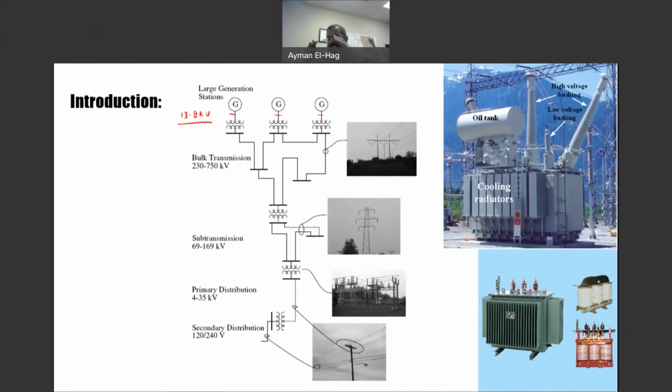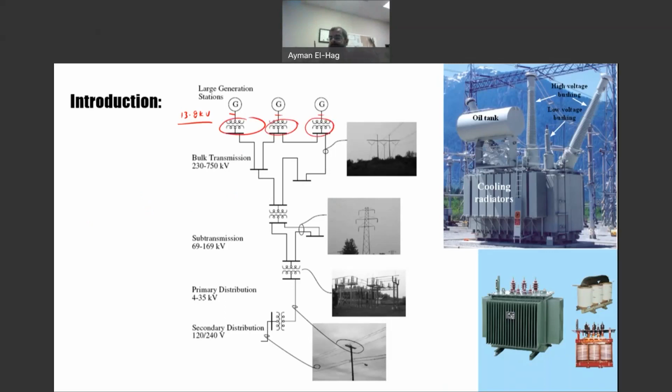This is a medium voltage. We cannot transmit the power at this voltage for long distances because the current will be high, the losses will be huge, and we will lose most of the power. So we need to increase the voltage level so that the current will be reduced, and hence the losses will be small. So we need to connect the transformers at the generation stage.